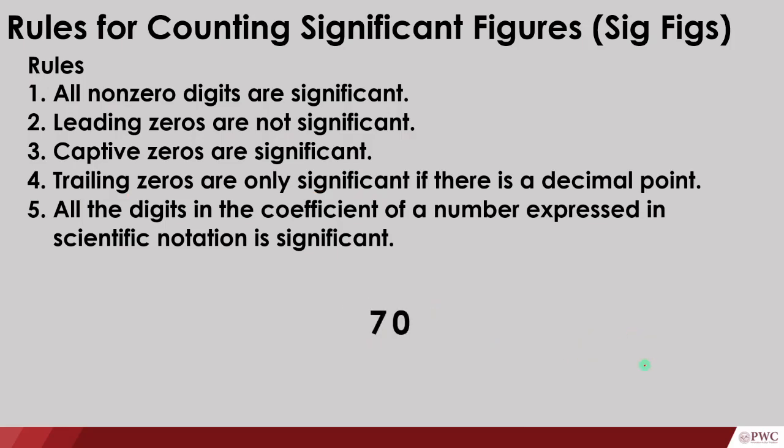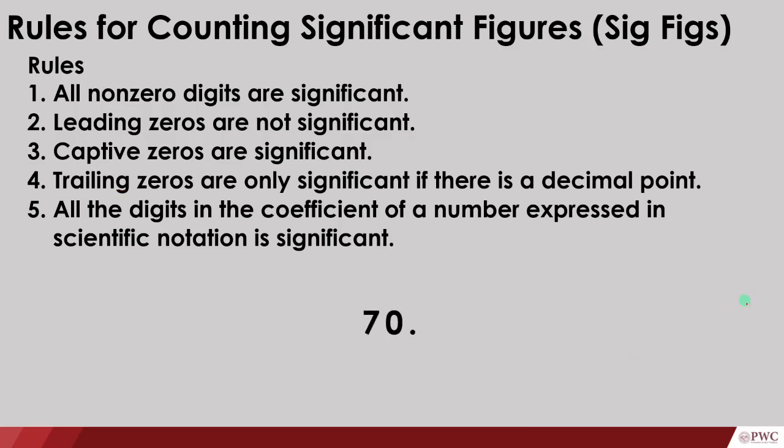Next, we have 70. This 7 is significant, and this zero is a trailing zero. It's following a non-zero digit. But in this case, there is no decimal point. If there is no decimal point, then this trailing zero will not be considered significant. So on this number, we only have one significant figure.